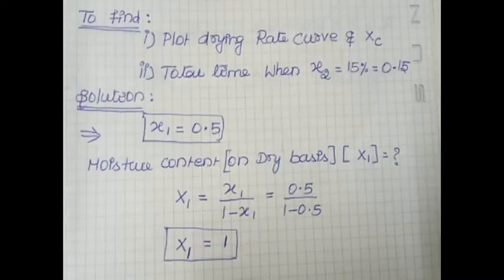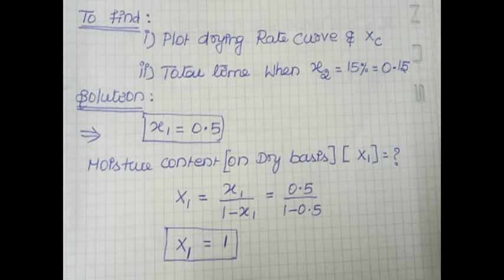Objective of this problem: first, plot the drying rate curve and also determine the critical moisture content capital Xc. The graph is plotted between capital X, the moisture content on dry basis, and the drying rate capital N. You should take capital X as the X axis, capital N as the Y axis.